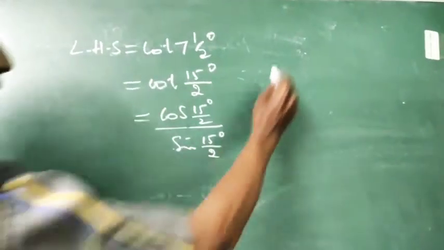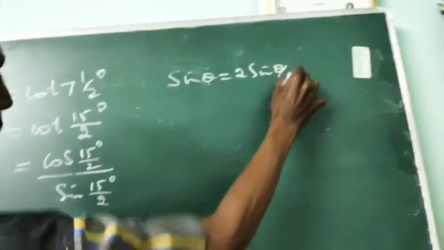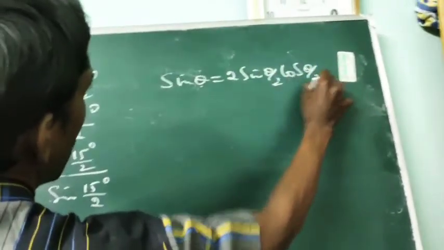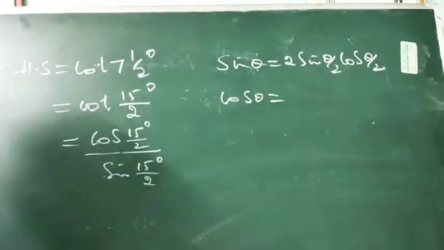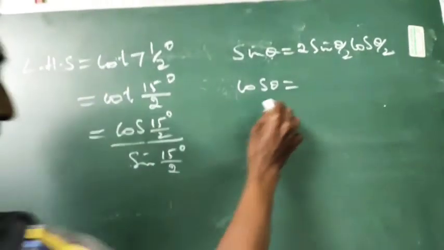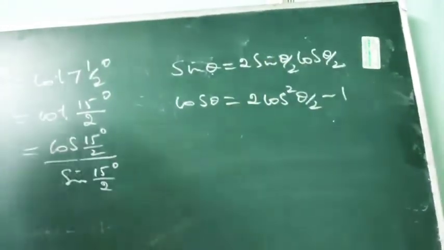What formulas do we know? Sin theta equals 2 sin theta by 2 into cos theta by 2. Similarly, cos theta equals 2 cos square theta by 2 minus 1.